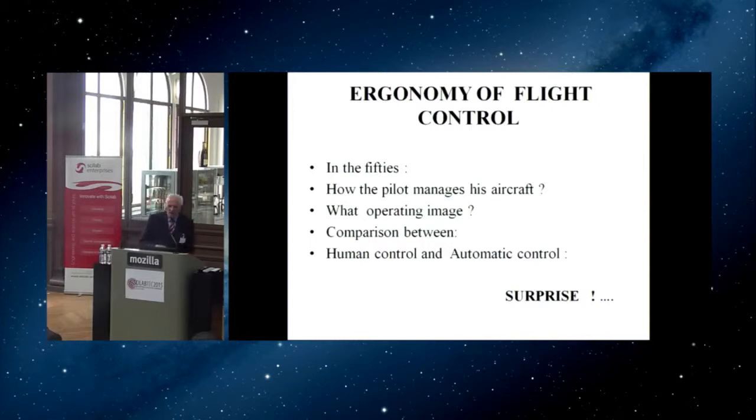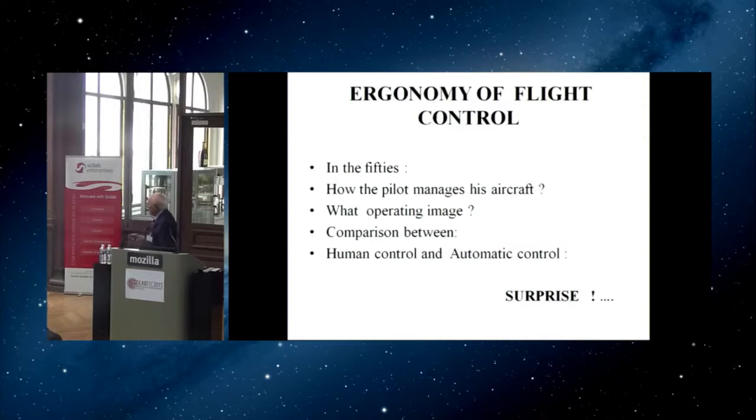There were a lot of military airplanes flying with the autopilot, at a given altitude, given speed, given environment, and storing the data, and you get something like that, with bumps and flat and everything.